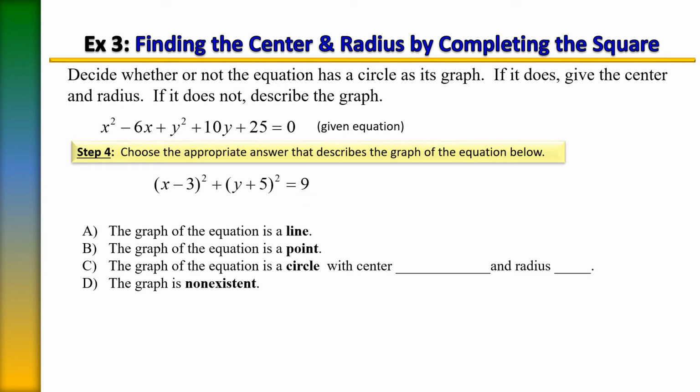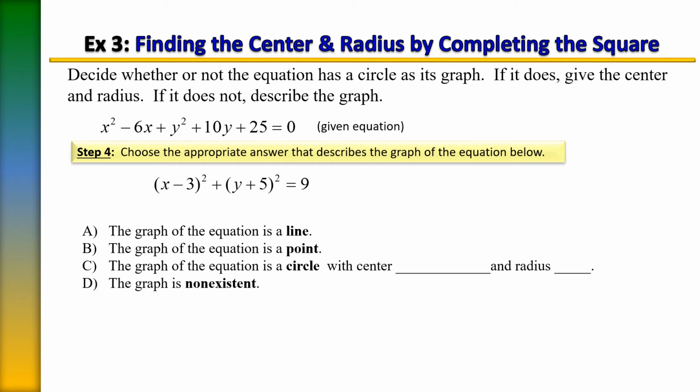If this value is greater than 0, then you have a circle. It is an equation of a circle. If this value was 0, you would have a point. And if this value was a negative, it would be a graph that is non-existent. And so since this value is greater than 0, it is a circle.